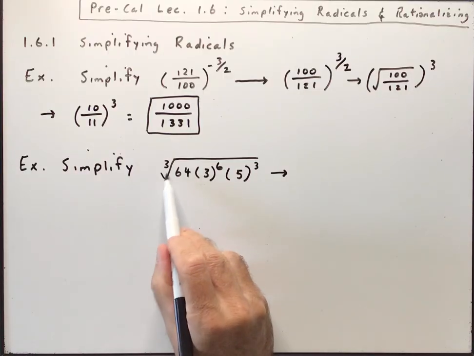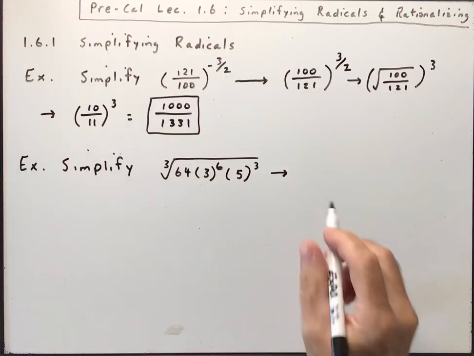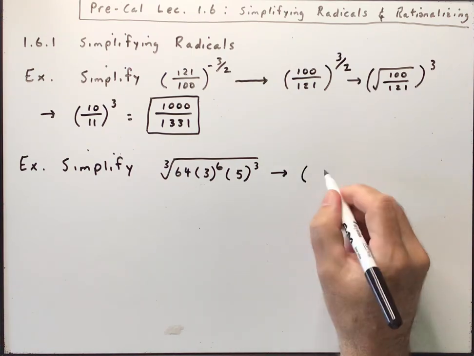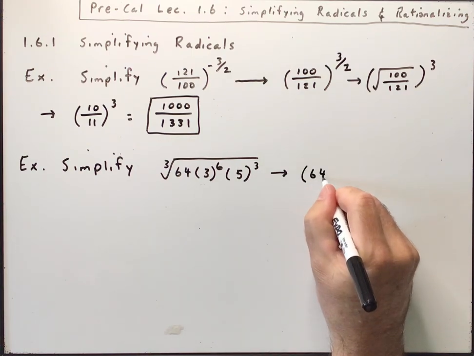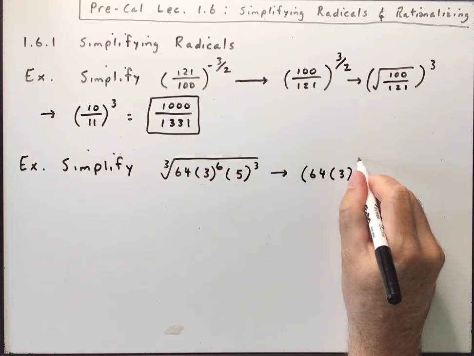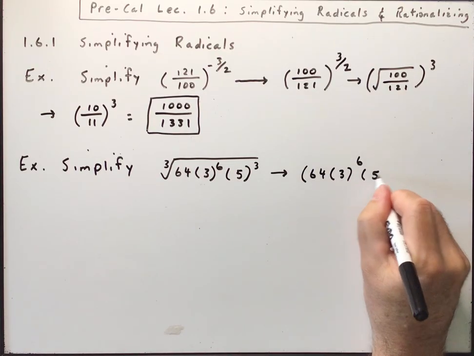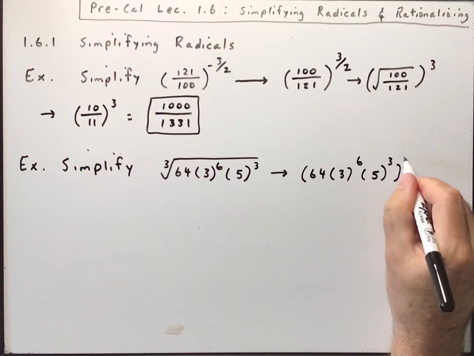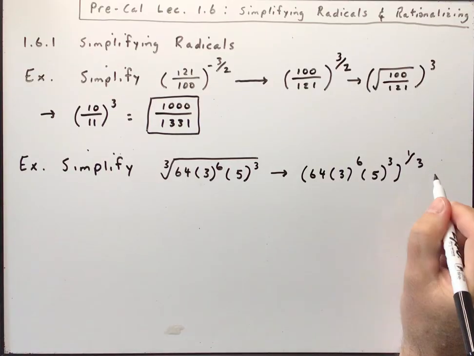Instead of a cube root, I'm going to rewrite this to a fractional exponent. We're going to rewrite all of that to the 1/3 power. So that'd be 64 times 3 to the 6th times 5 to the 3rd power, all of that raised to the 1/3 power.